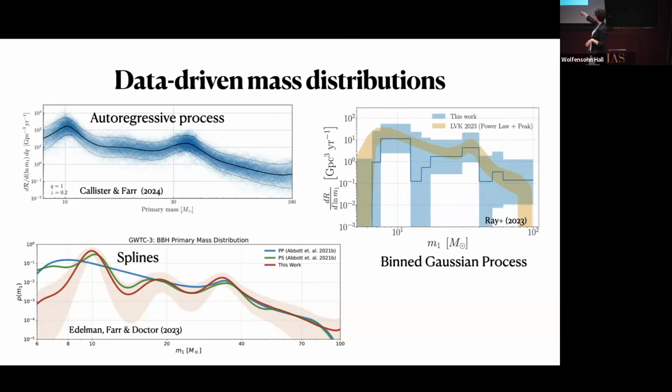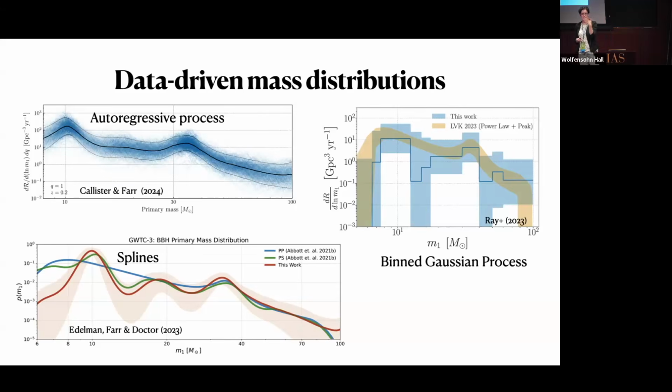There's this binned Gaussian process model. This is from a paper by Anarya Ray, which shows here, also comparing to power law plus peak, this time in orange, and then in blue is their results. This model basically puts a bunch of two-dimensional bins in m1, m2 space, and then fits for the rate in each bin.